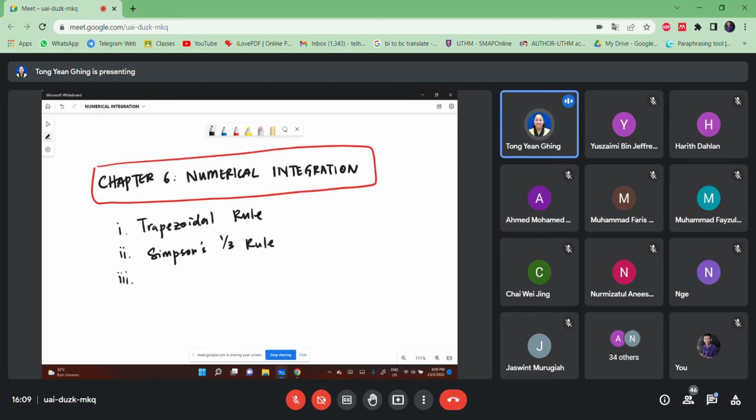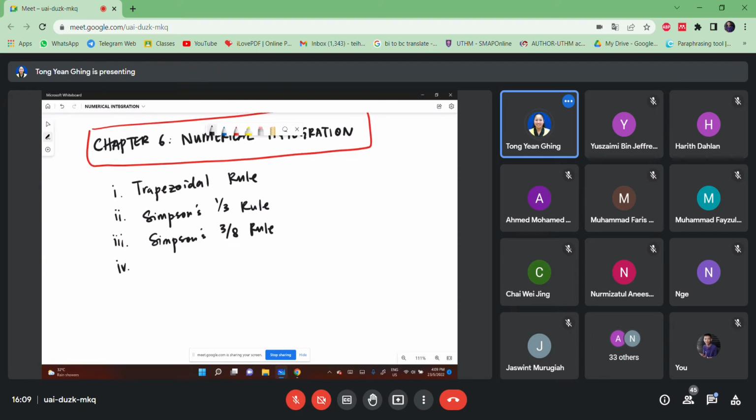Third one is Simpson's 3/8 rule. And then fourth is 2-point and 3-point Gauss quadrature. So basically, 2-point and 3-point are the same, only we have to change the formula.